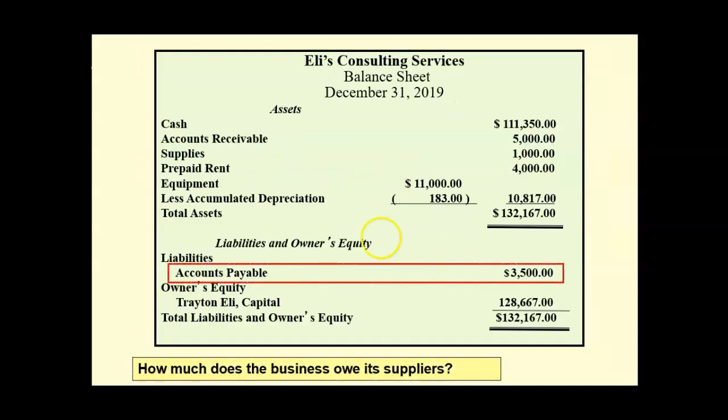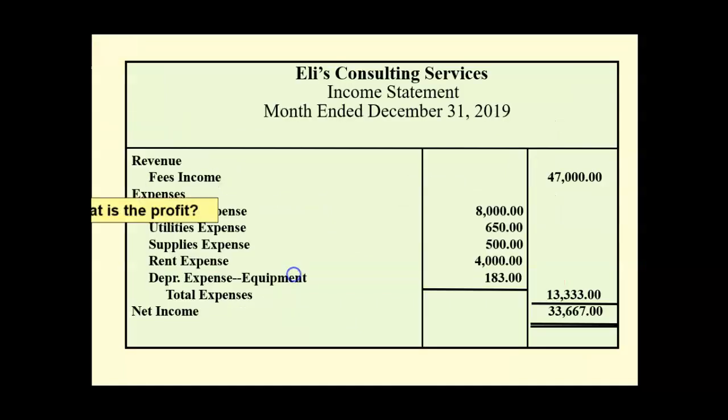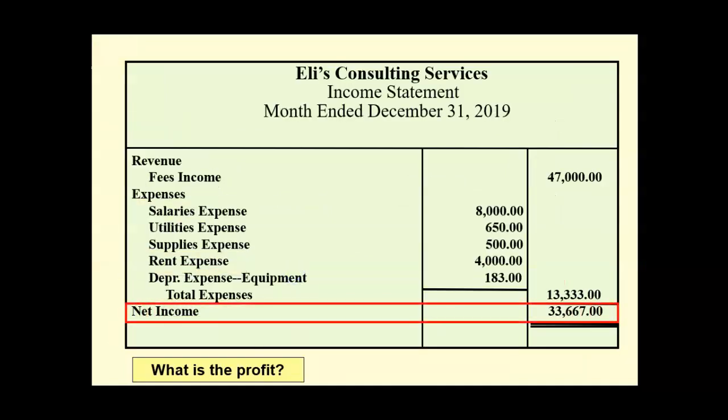Questions on how much do we owe our suppliers? Go to accounts payable. The accounts payable account shows the current amount that is still owed to our suppliers and or our creditors. Did I make a profit or a loss? Well, the income statement will show us our net income or net loss as of a specific time period.